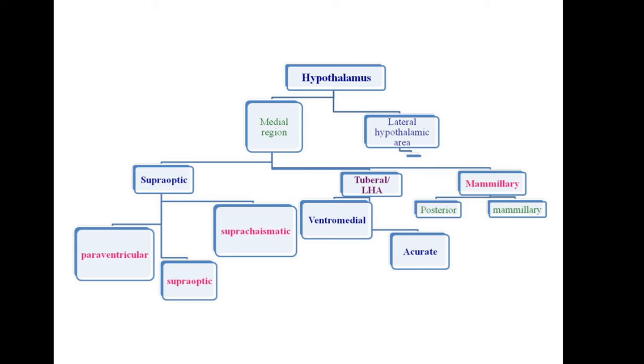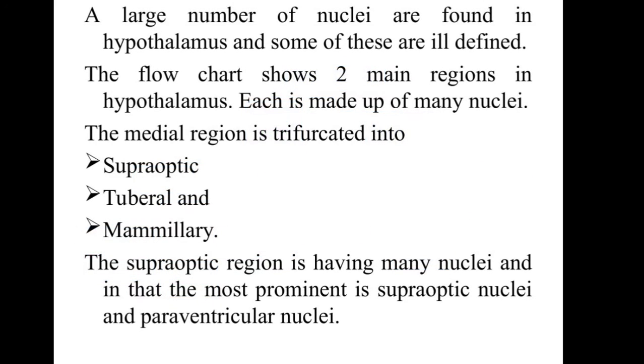See, hypothalamus is bifurcated into two important regions: medial region and lateral hypothalamic area, that is LHA. What we call as LHA, okay, medial region or lateral hypothalamic area. And this medial region is again trifurcated into supraoptic, tuberal and mammillary region.